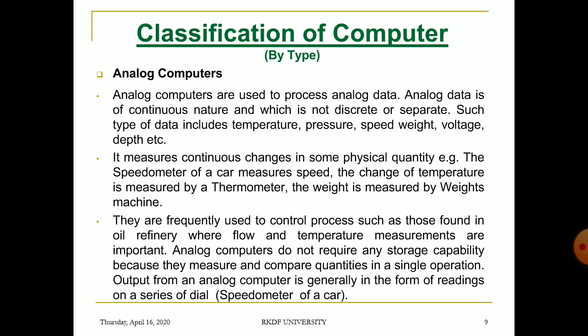Also, they are used in paper making and chemical industry. Analog computers do not require any storage capability because they measure and compare quantities in a single operation. Output from an analog computer is generally in the form of readings on a series of dial, like a speedometer of a car.